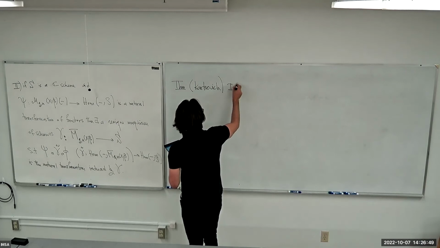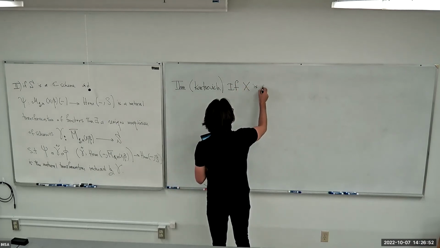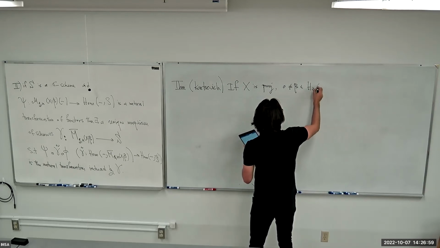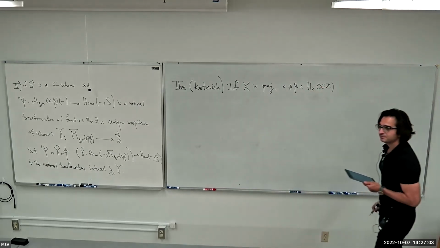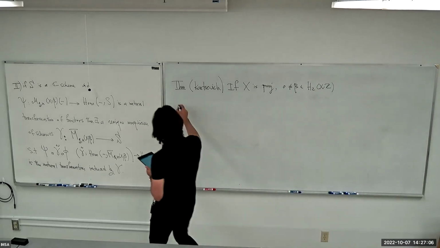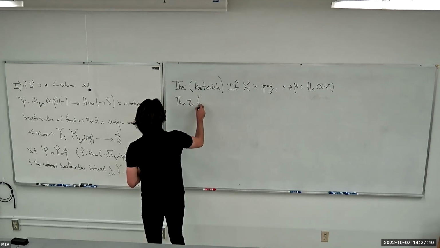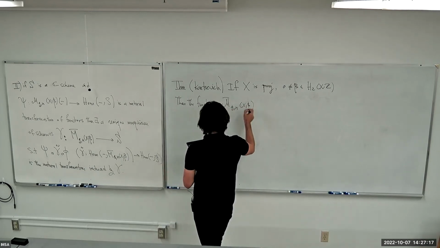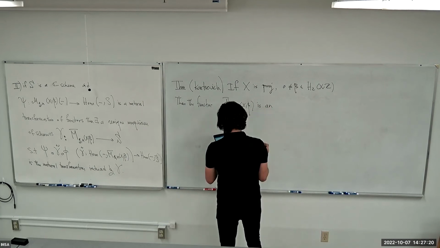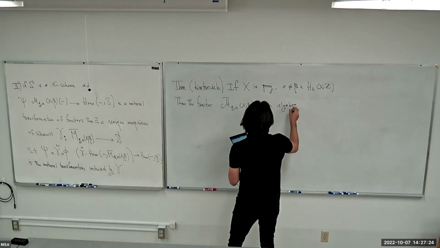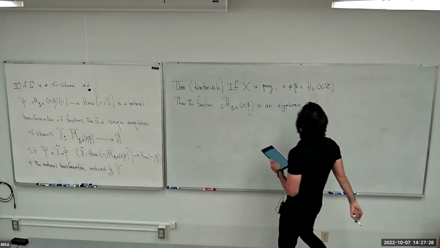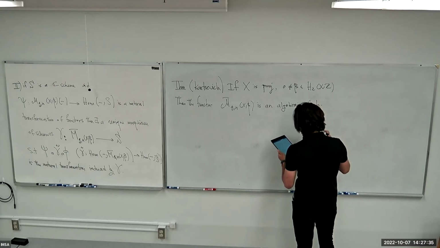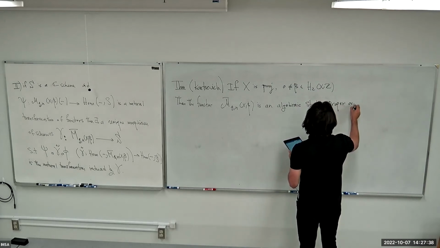If X is projective, beta is not equal to 0, an element of the second integral homology of X, then the functor curly M_{g,n}(X, beta) is an algebraic stack, proper over C.